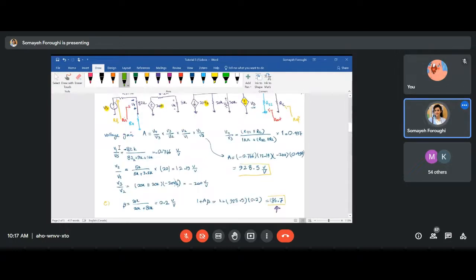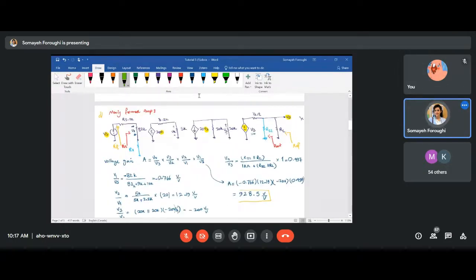Look at it, everyone. Our Rif is this orange arrow. You see this guy? Now, how can I find Rn?